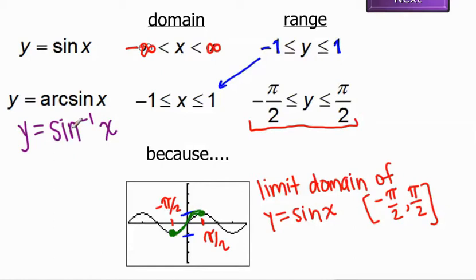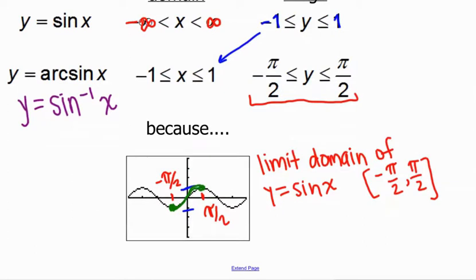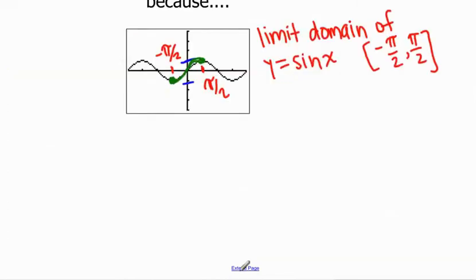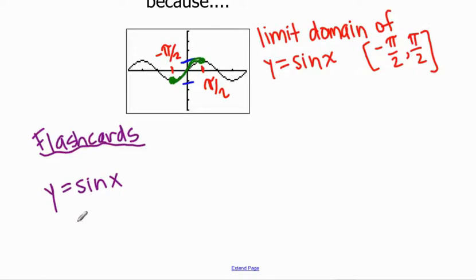So what you want to do is make sure that you know the domain and range of the original function. So flashcards, if I was making a flashcard, you would have y equals the sine of x, and you would put domain.